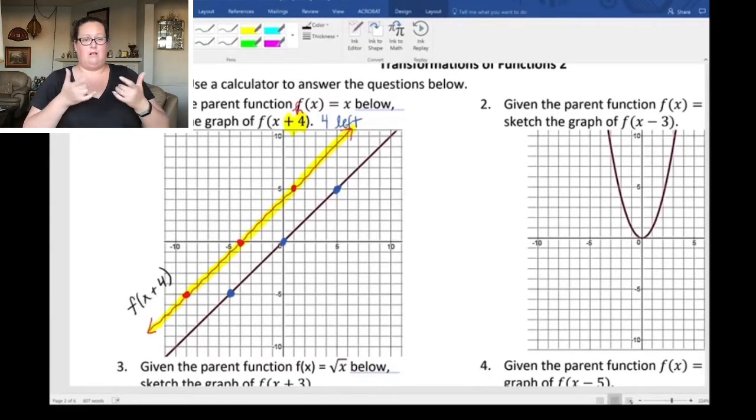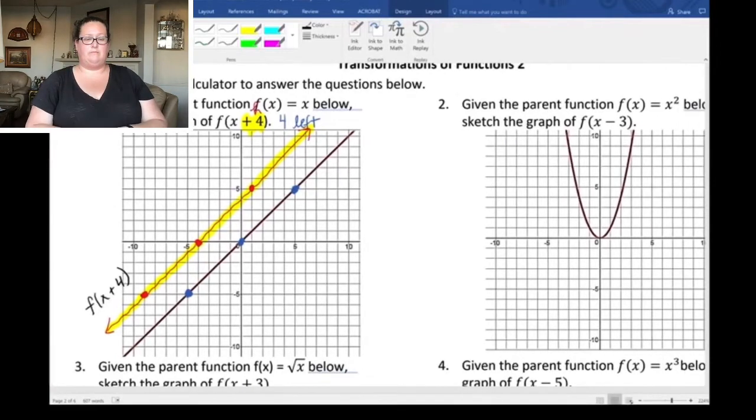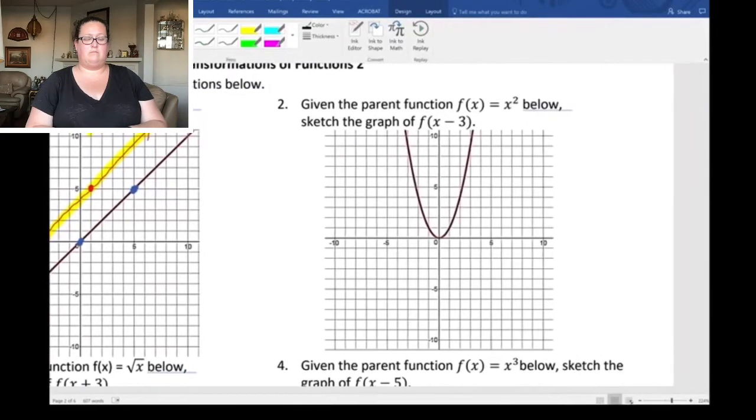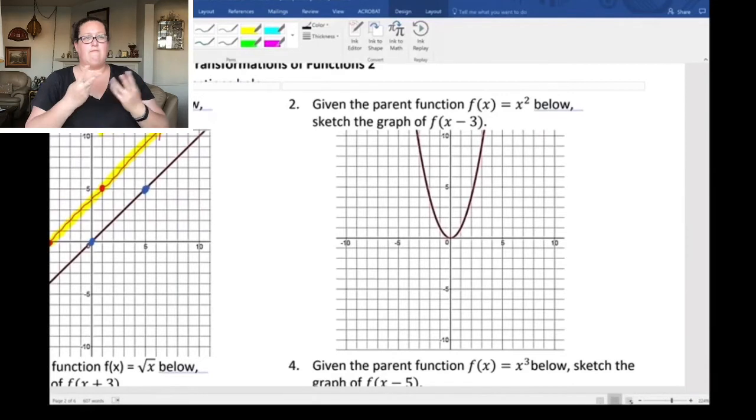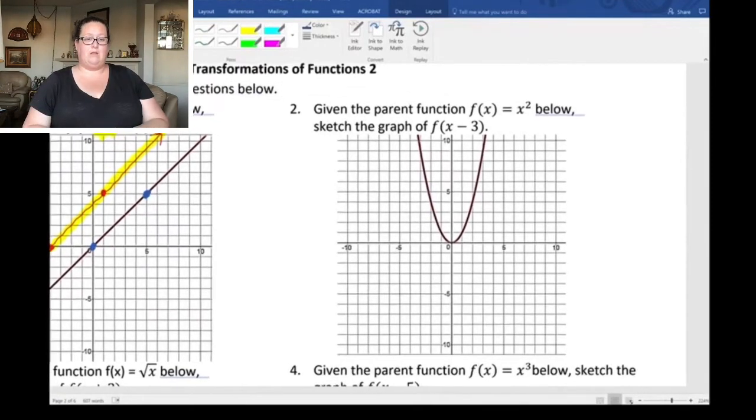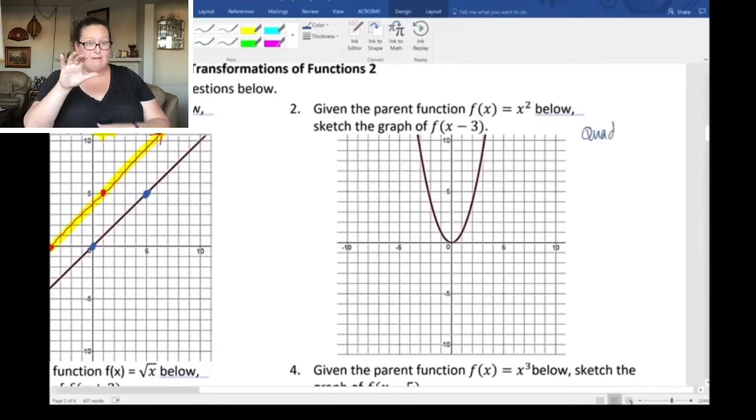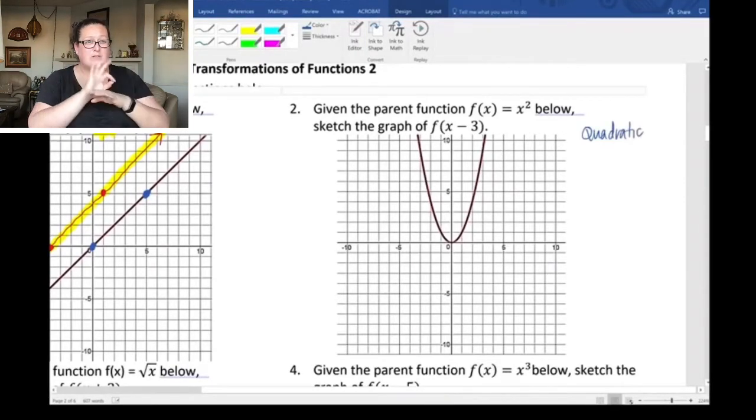Now let's move on to problem number 2. Given the parent function f of x equals x squared below, sketch the graph of f of x minus 3. We have a quadratic function because the graph is a parabola. It's a U-shaped graph.